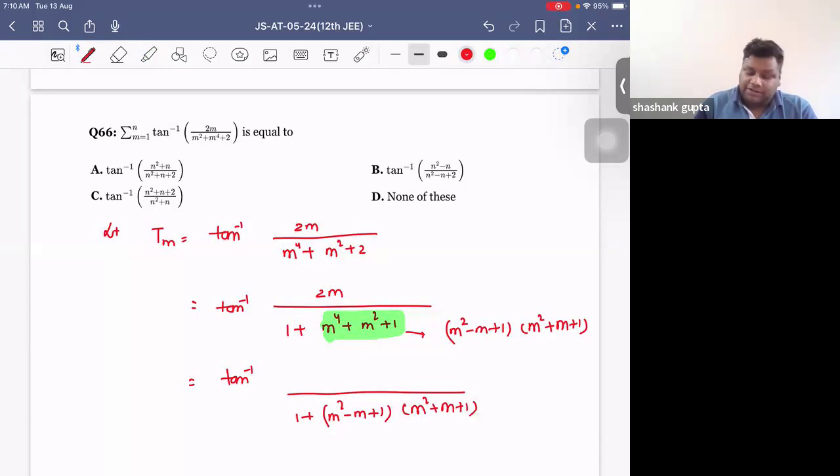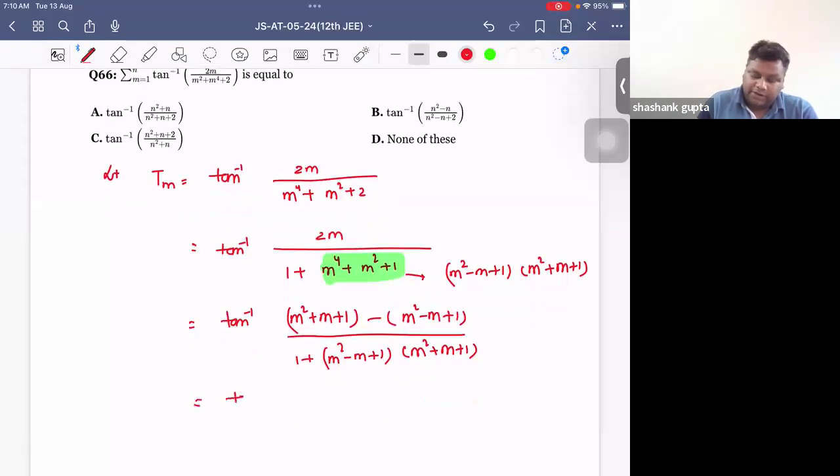And the numerator will consist of their difference: m square plus m plus 1 minus (m square minus m plus 1). All right. So it will become tan inverse of (m square plus m plus 1) minus tan inverse of (m square minus m plus 1).